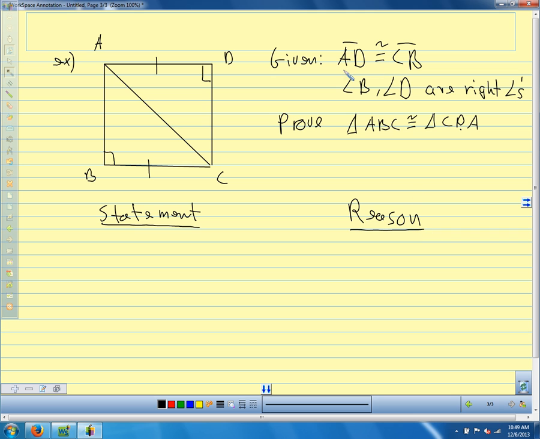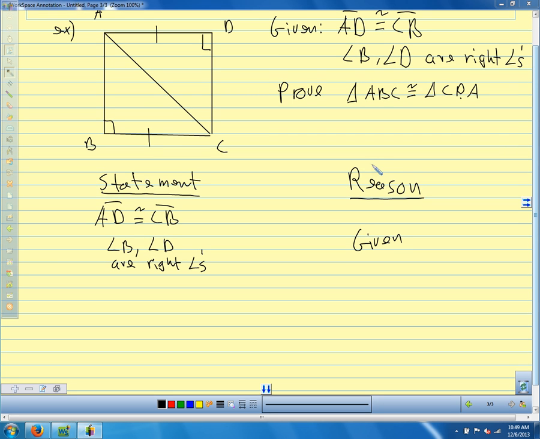So let's write down our givens. We know that segment AD is congruent to segment CB, and angle B and angle D are right angles. Those are given. Really we only need to come up with one thing here.